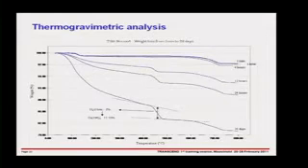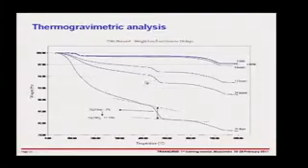And as I said at the beginning, we can use this technique to characterize quite accurately how much calcium hydroxide we have in the sample. We can see this nicely defined step here. It's complicated, of course, by the background, because this part here, and even continuing beyond, is the very complex water loss we get from calcium silicate hydrate.